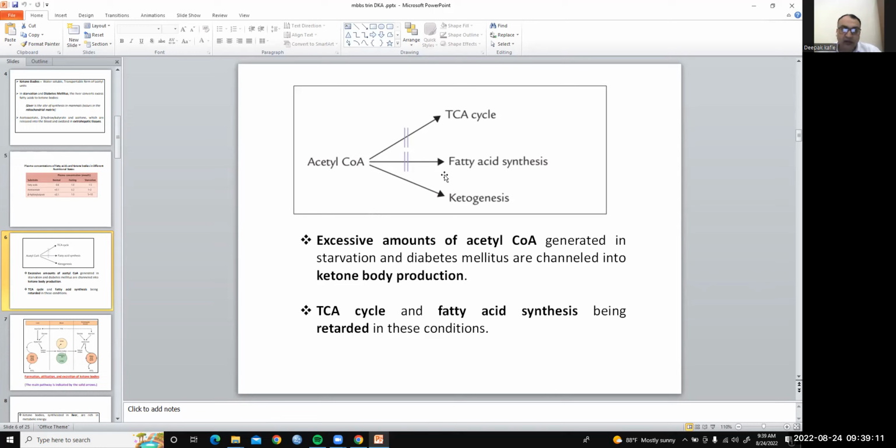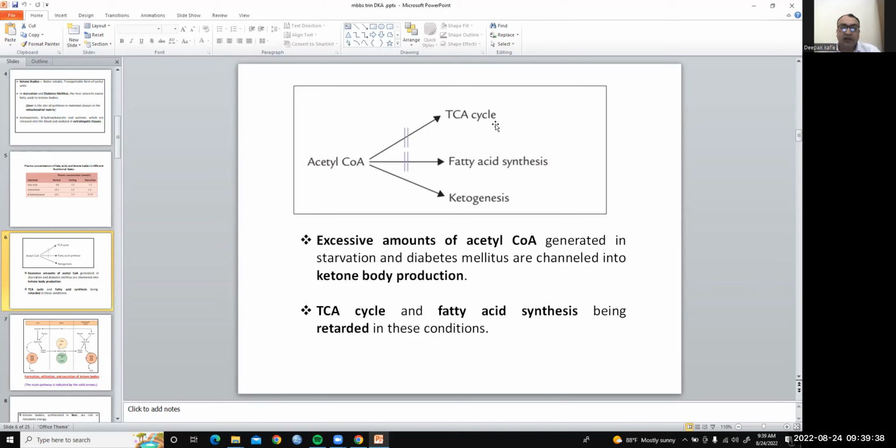Later on, that acetyl-CoA will be channeled towards ketogenesis, whereas the TCA cycle and fatty acid biosynthesis will be retarded in this condition. At that time, one of the important intermediates of the TCA cycle, oxaloacetic acid, will be diverted towards gluconeogenesis, so that intermediate of the TCA cycle will be lacking.